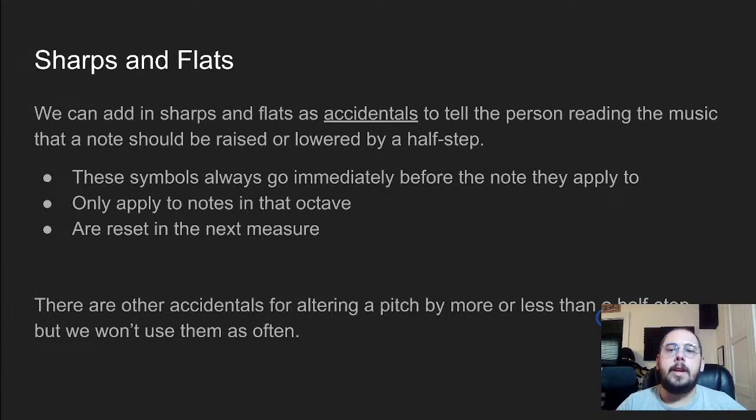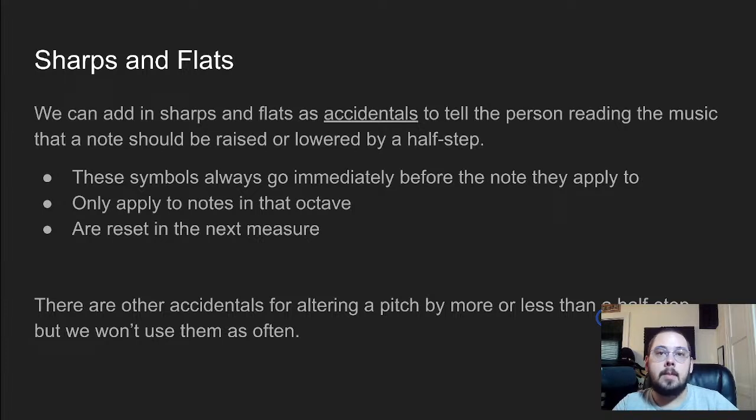Moving on. So far, I've only been using the white keys on the keyboard, none of the black ones. And again, these black keys on the keyboard kind of serve as a step between the whole step of most of the white keys. All right, we can designate that in the music with an accidental.